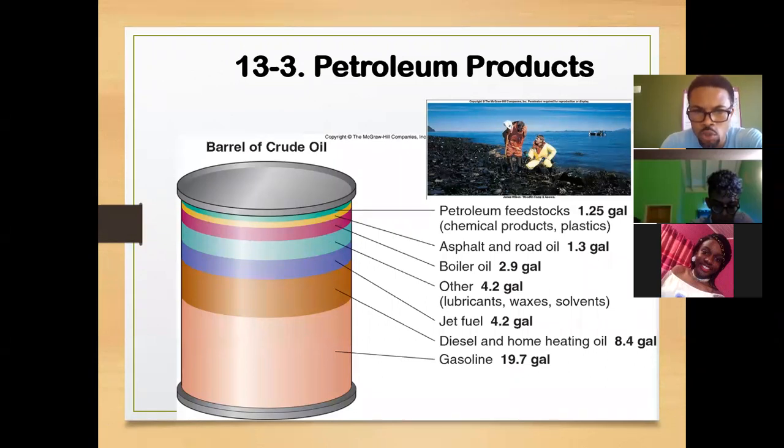But the levels show how much petroleum has. And the majority of petroleum is actually made up of gasoline. So remember, we said that the crude oil, which is what I'm referring to as petroleum, is made up of different chemicals that combine together. And these chemicals that combine together form a miscible mixture.